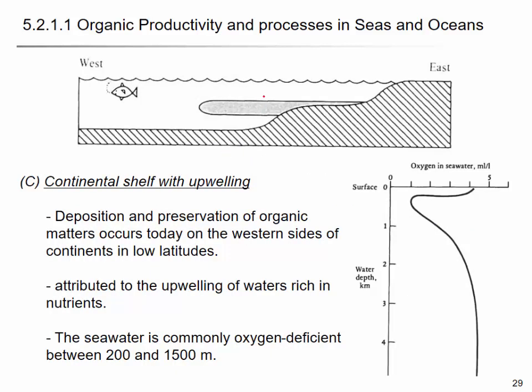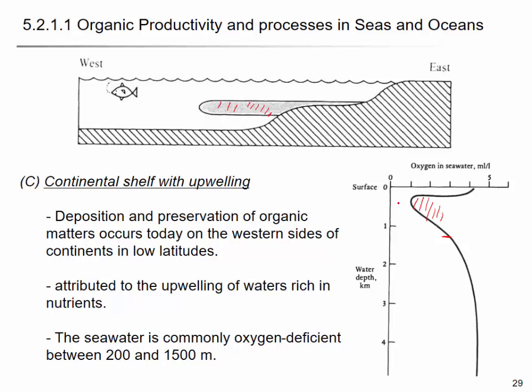The other is that in the continental shelves, you have some regions of stratified water. In this gray area is the anoxic condition. If you look at this graph, from 200 meters to 1.5 kilometers, in this region you don't have much oxygen, right?